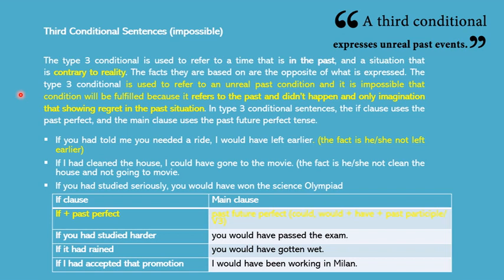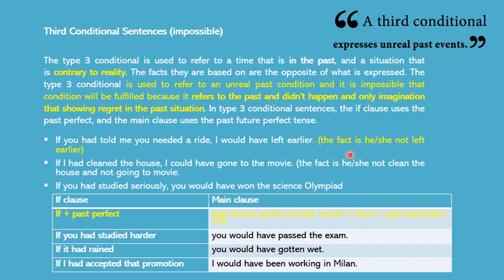In a type 3 conditional sentence, the if clause uses the past perfect and the main clause uses the past future perfect tense. Pay attention to the example here: if you had told me you needed a ride, I would have left earlier.